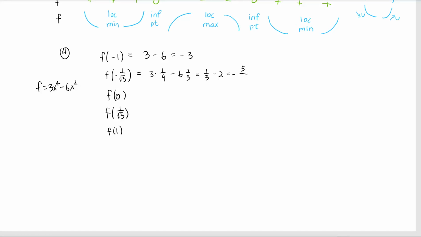That is -5 over 3. When we plug in 0, it is 0. Do you realize this function is actually an even function, because all the terms are even powers? So f of 1 over root 3 is the same as f of -1 over root 3, which is -5 over 3. And f of 1 is f of -1, which is -3.